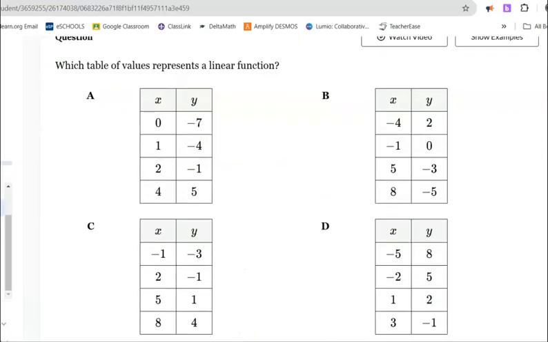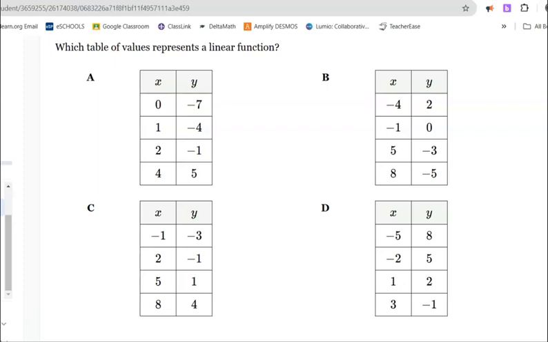Which tables represent a linear function? All right, again, we're looking at the patterns here, right? And when we're done, we can create our delta y, delta x ratios and see if they are constant. So let's take a look here. Letter A, +1, +1, +2.